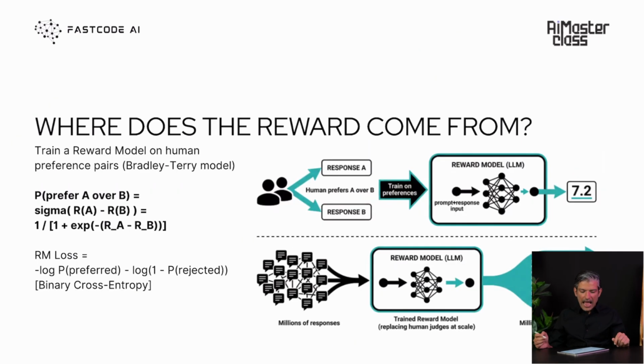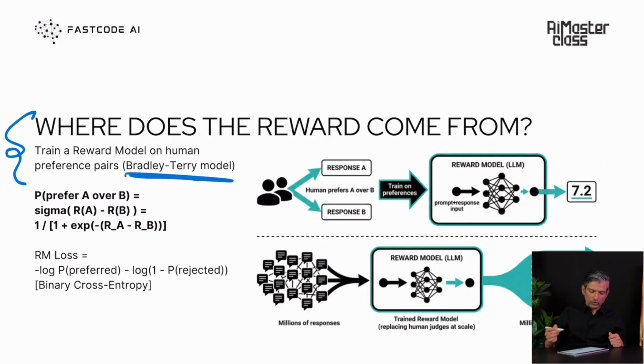Okay. And where does this reward come from? How do we do it in the context of LLMs? The idea is actually very simple. We train a reward model by a human using preference pairs, the Bradley-Terry model.